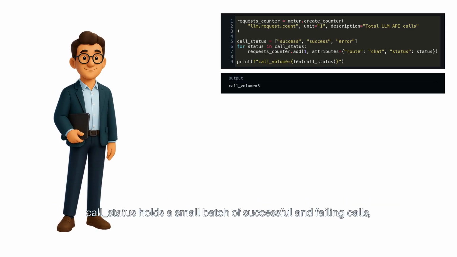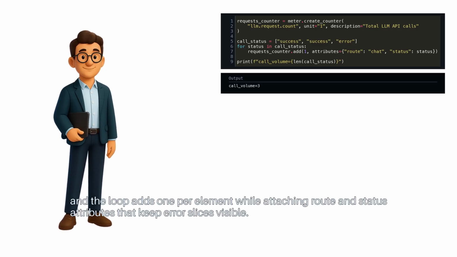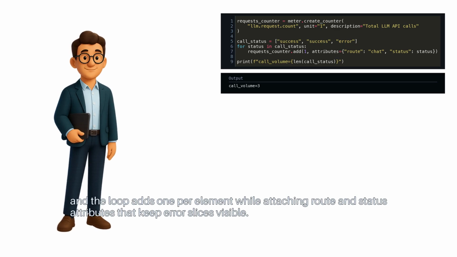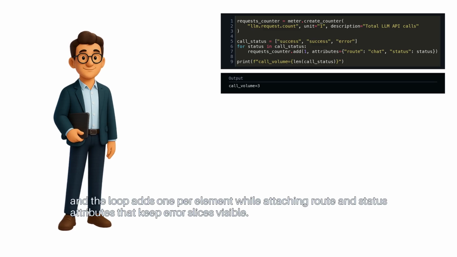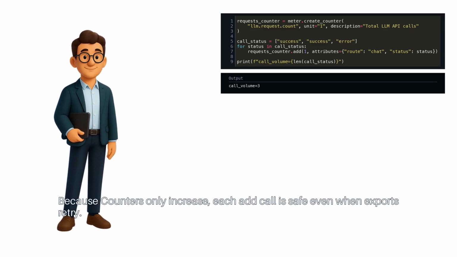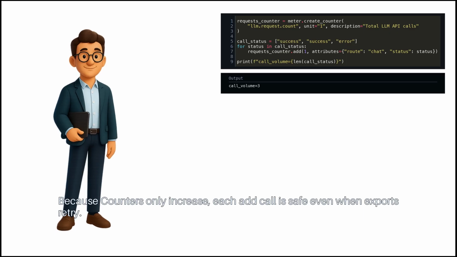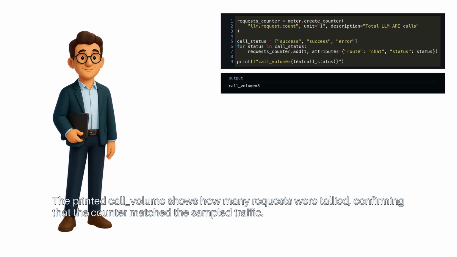Call status holds a small batch of successful and failing calls, and the loop adds one per element while attaching route and status attributes that keep error slices visible. Because counters only increase, each add call is safe, even when exports retry. The printed call volume shows how many requests were tallied, confirming that the counter matched the sampled traffic.